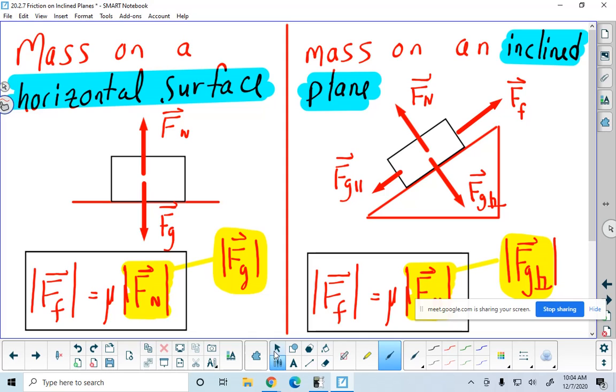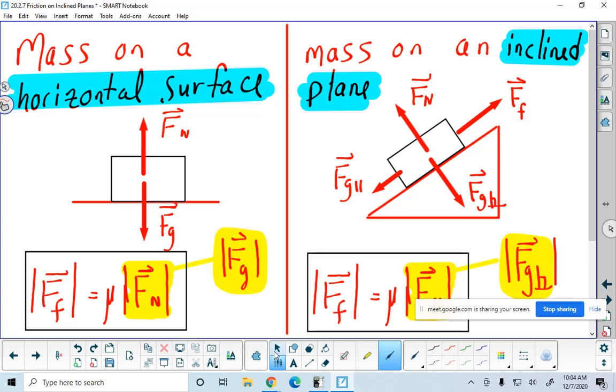By the way, some people will look at that and say that the force of friction is bigger so it will move up. That just doesn't work. So the force of friction is larger. If the force of gravity parallel to the ramp is bigger than the force of friction, yeah, it's going to move. If the force of gravity is smaller because the force of friction is larger, it won't.